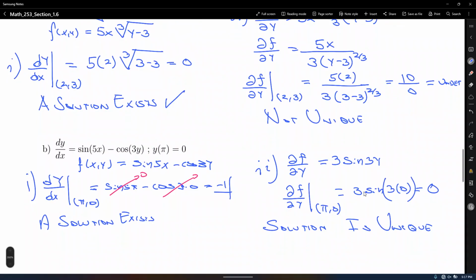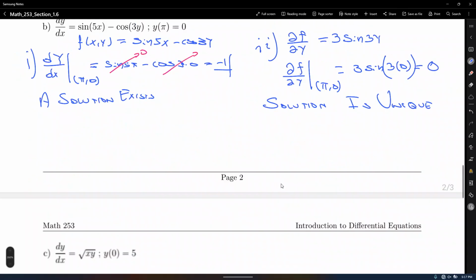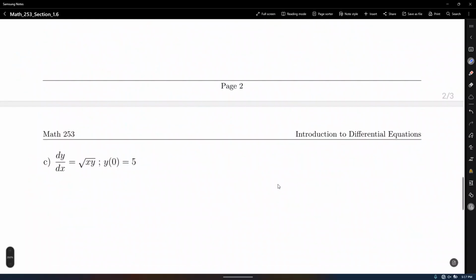Okay, the next exercise might be a little tricky. So, dy/dx equals the square root of x times y. First of all, using properties of radicals, I'm going to write the product of two radicals: the square root of x times the square root of y, because then we're going to take the partial derivative of it.